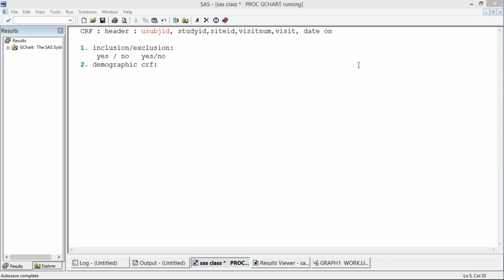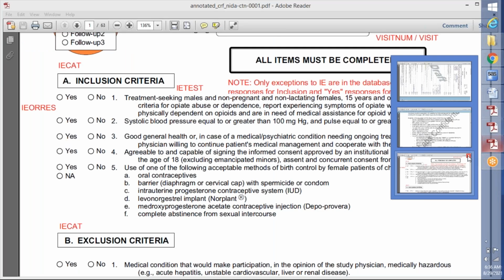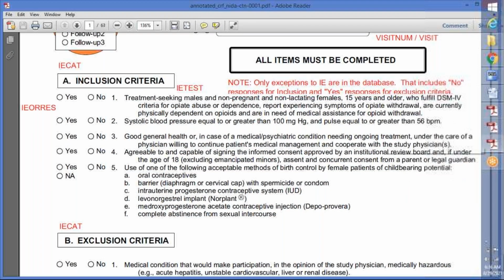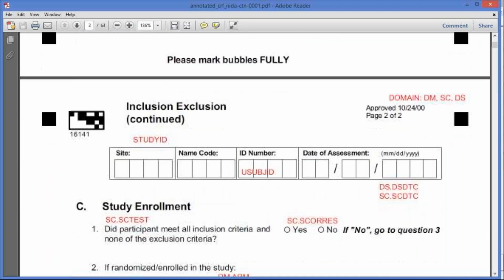Okay, so this is demographic. That means different studies will collect different questions. The common questions will be age, gender, race.